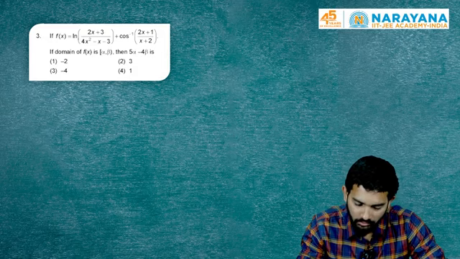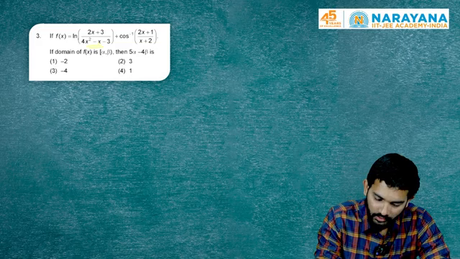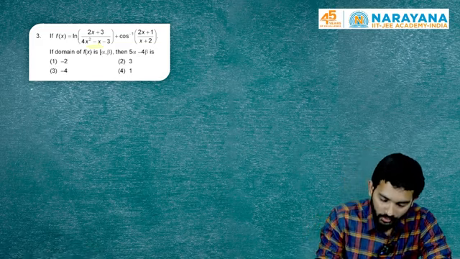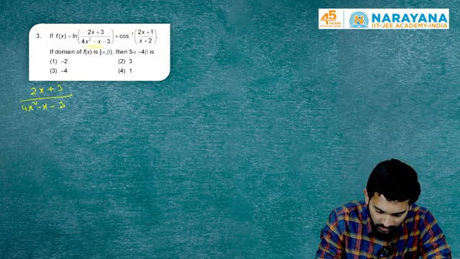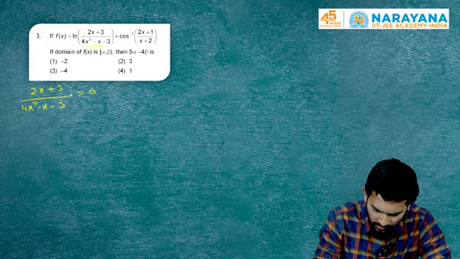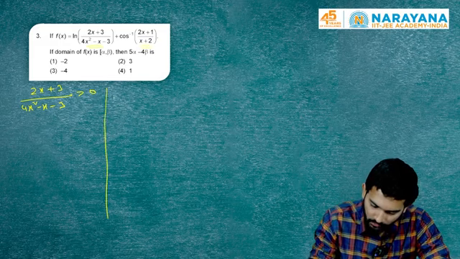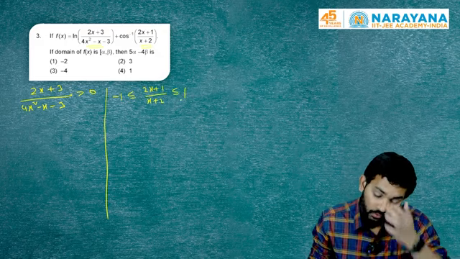Which is based on the domain of functions. First, if I am taking ln of this thing, whatever is inside the ln must be greater than 0. So I'll get 2x plus 3 divided by 4x square minus x minus 3 greater than 0. Along with this, I have to write the domain of this cos inverse, which is minus 1 less than or equal to 2x plus 1 by x plus 2 less than or equal to 1.